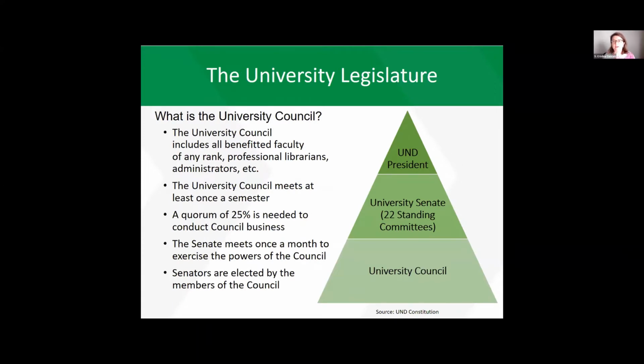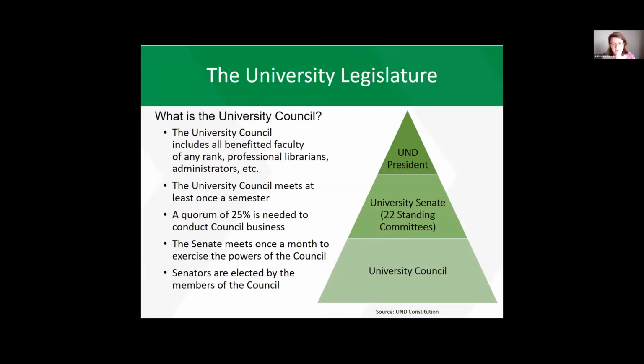To begin with, since this is our University Council meeting and many of the faculty are new, I would like to introduce to them and to everyone else a few words about the University Council. What's the University Council? As you all know, we have the University of North Dakota President Andy Armacost, and then we have the University Senate. At this point, we have 22 standing committees with the possibility of extension to 24 in the near future.